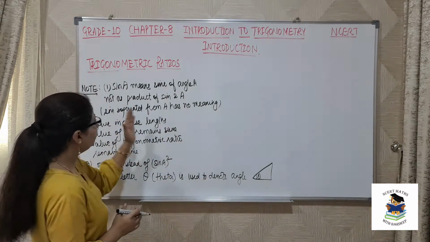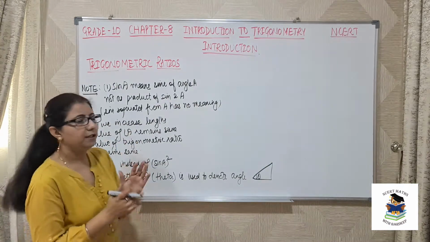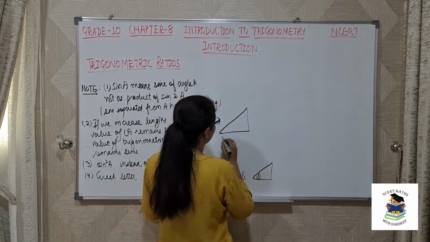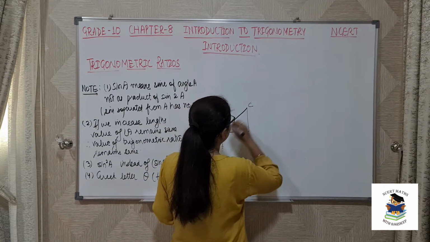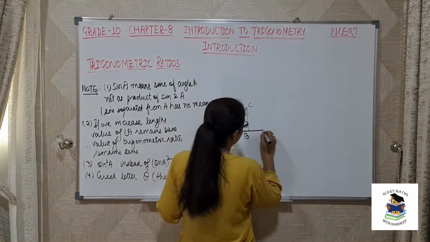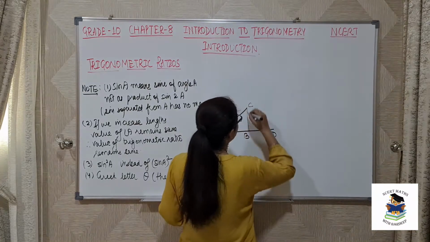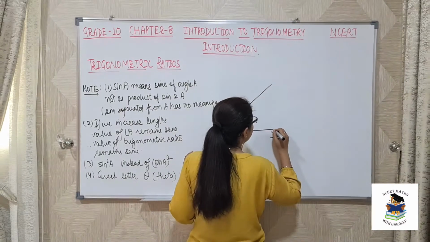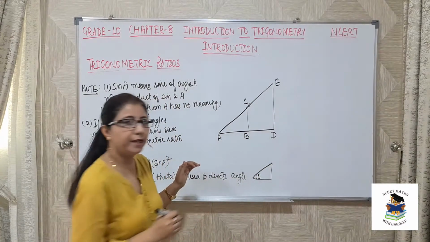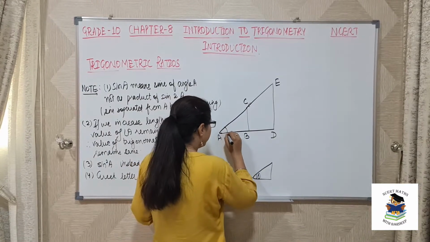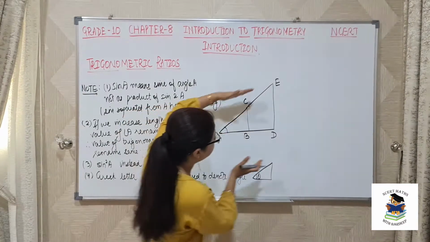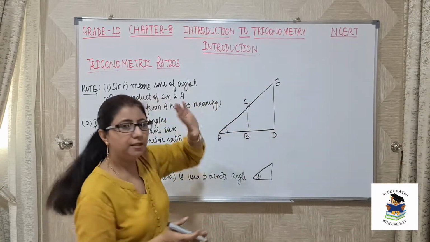Second is, if we increase the length, the value of angle A remains the same. Suppose we are taking this triangle, let it be A, B, C. If I increase the length of the sides, that is, suppose AB is further extended to D and this is also extended like this, now let's see this angle again, that is sine of angle A. Even if we are increasing the sides, that means the angle is constant.